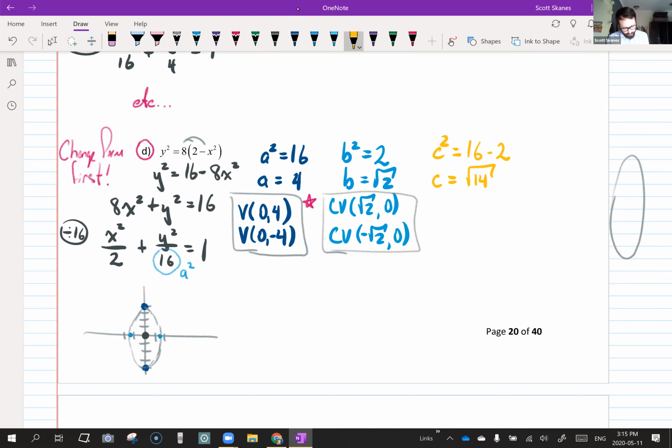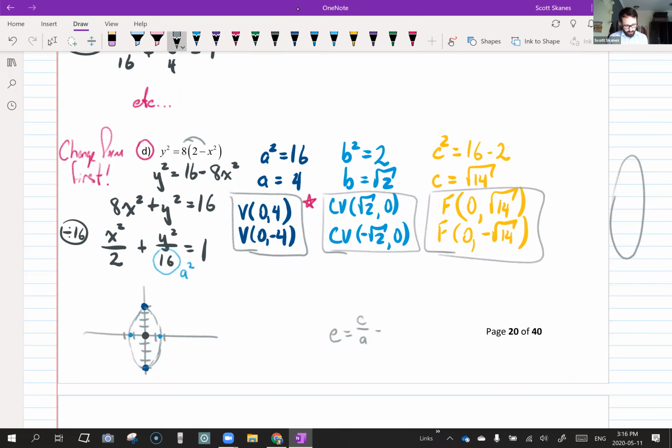And then our foci, focal points. I add that to the major axis. Once again, the major axis is the y, so add to the center, up by root 14, down by root 14. And finally, if it asked for eccentricity, I want to write this just in case.